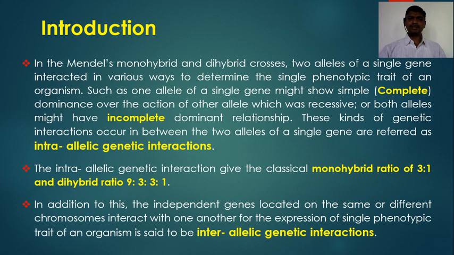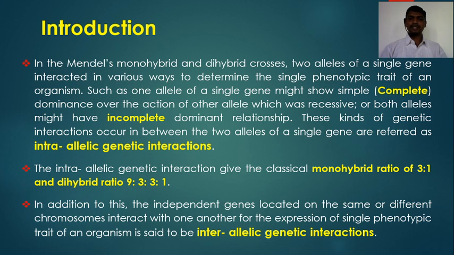So in addition to the intra-allelic genetic interaction, other types of genetic interaction are also seen between genes located on the same or different chromosomes. These independent genes interact with one another for the expression of a single phenotypic trait of an organism without cumulative effect. Such genetic interactions are referred to as interallelic genetic interactions.